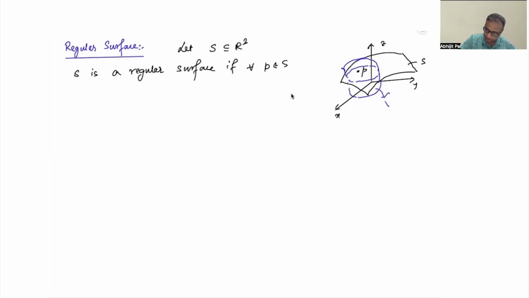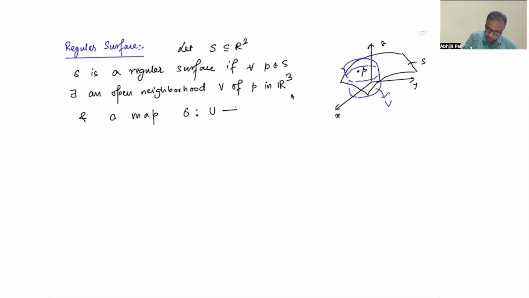This open neighborhood of P in R3, I call it B. So for all P belonging to S, there exists an open neighborhood B of P in R3 and a map sigma from U to B intersection S. This U is in R2, and sigma lands inside this B, and sigma of U is equal to B intersection S.